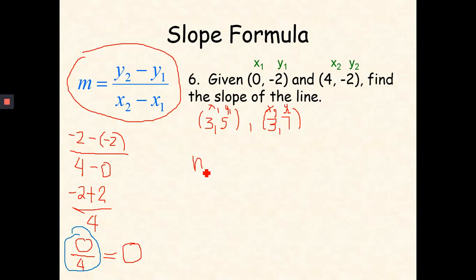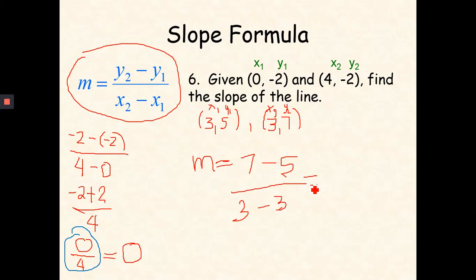So let us now apply the formula. M is equal to y sub 2 minus y sub 1 all over x sub 2 minus x sub 1. What is your y sub 2? That is 7. And your y sub 1 is 5. Divided by your x sub 2 is 3 minus your x sub 1 is 3.